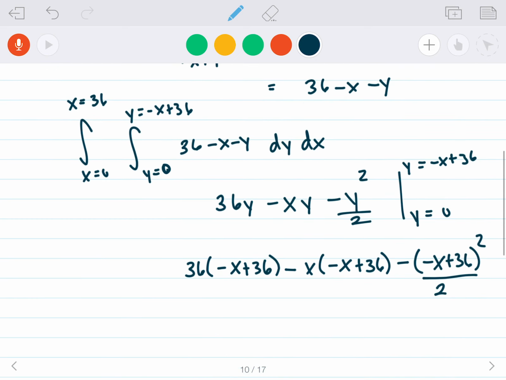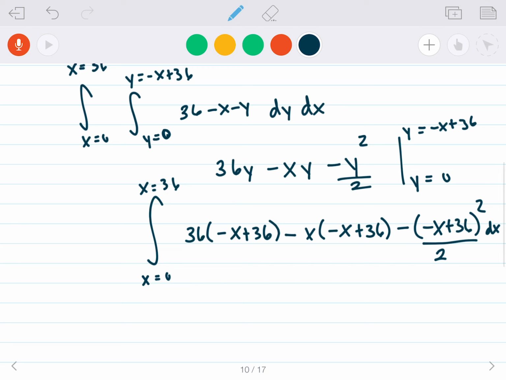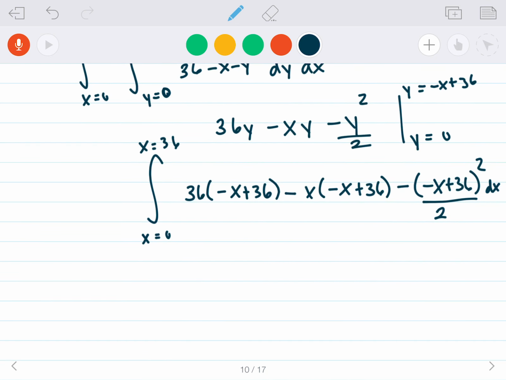And we can go ahead and simplify this because it's just kind of a hot mess right now, to be honest. Okay, so that's going to go to negative 36x. Let's see, what's 36 squared?